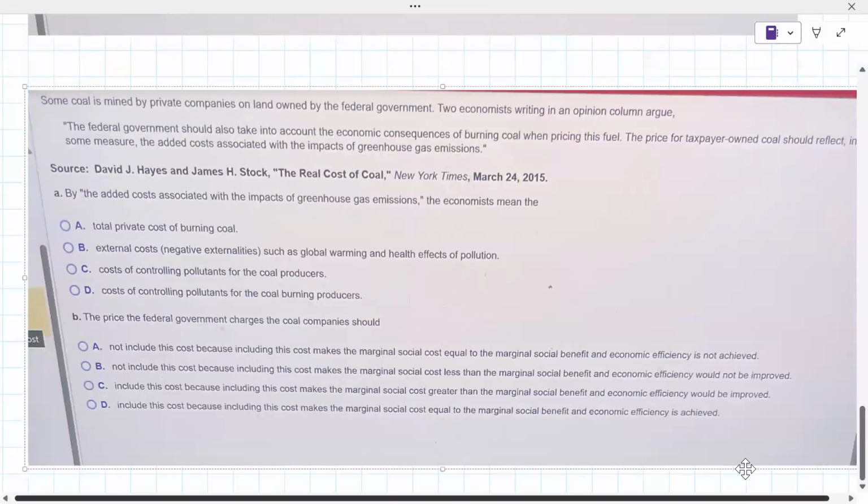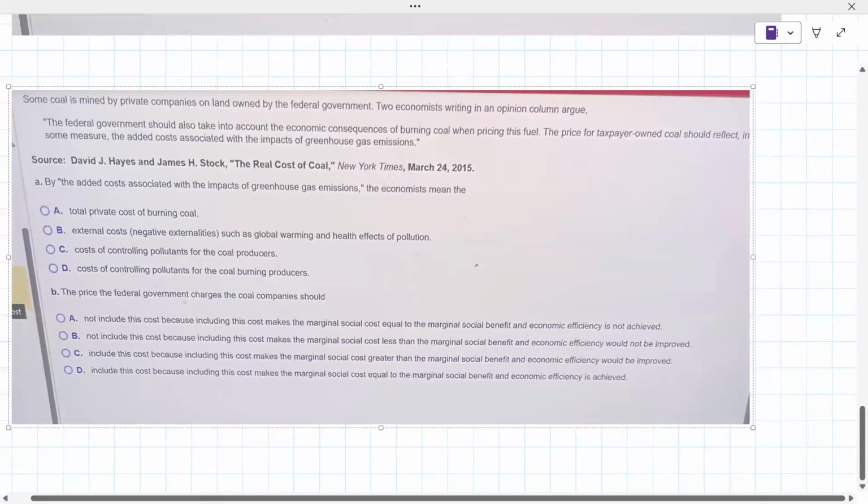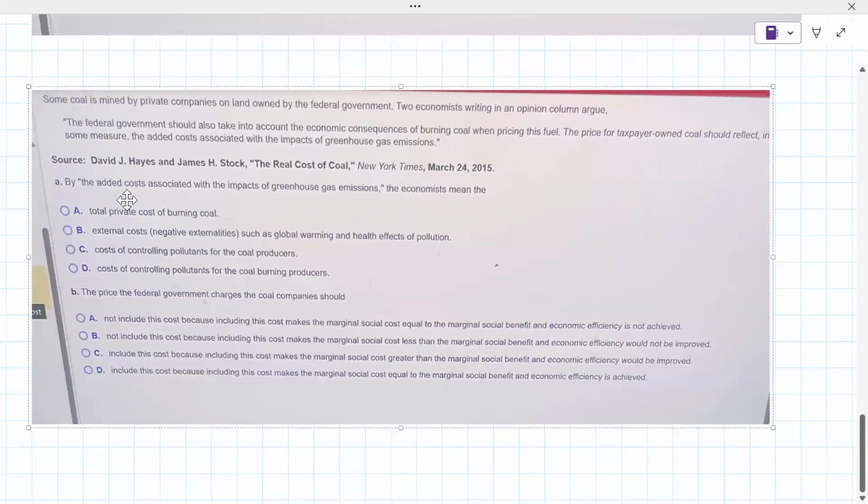The external costs. Right, that's probably that. With the costs. Yeah.